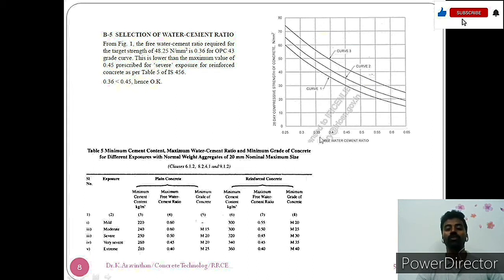The water cement ratio which we arrived at here is 0.36, hence it is safe according to the durability aspect. The maximum is 0.45, and we have assumed less than 0.45, that is 0.36, hence it is okay. We can proceed with this water cement ratio.